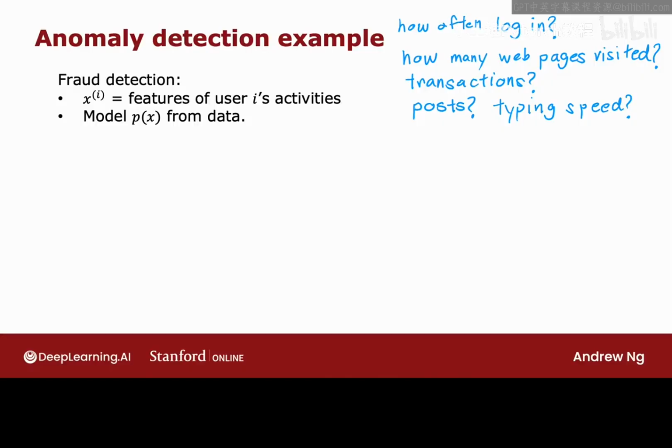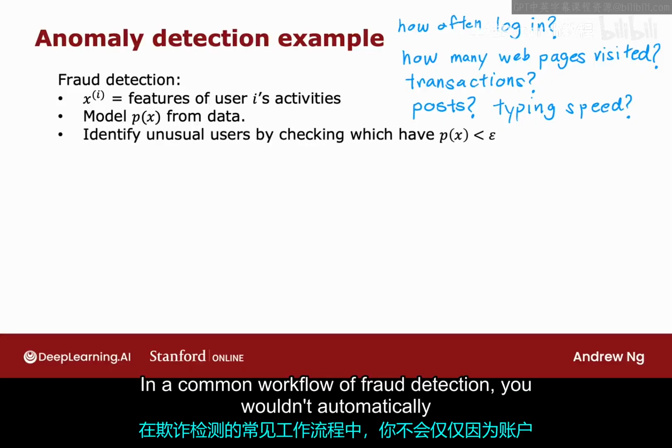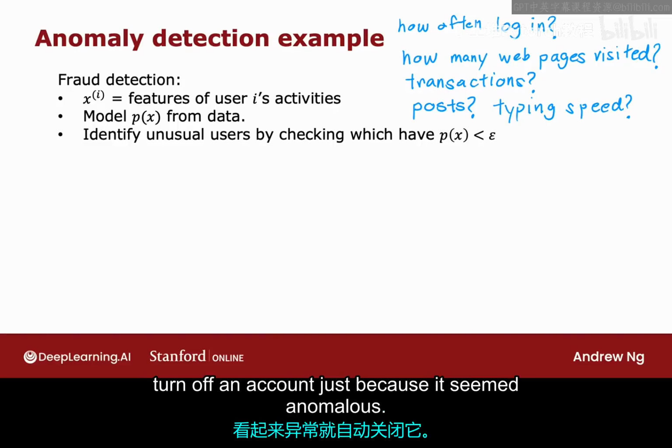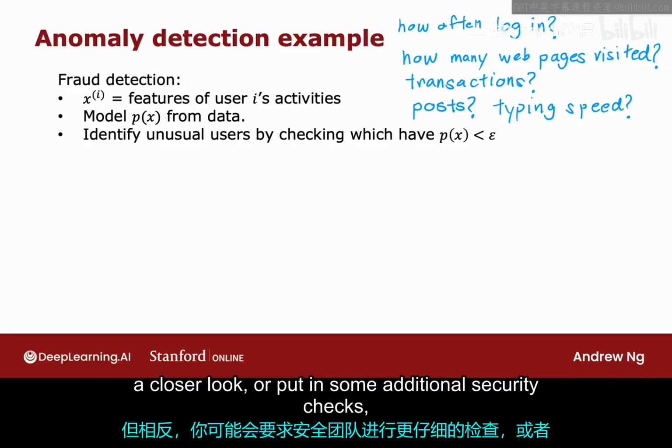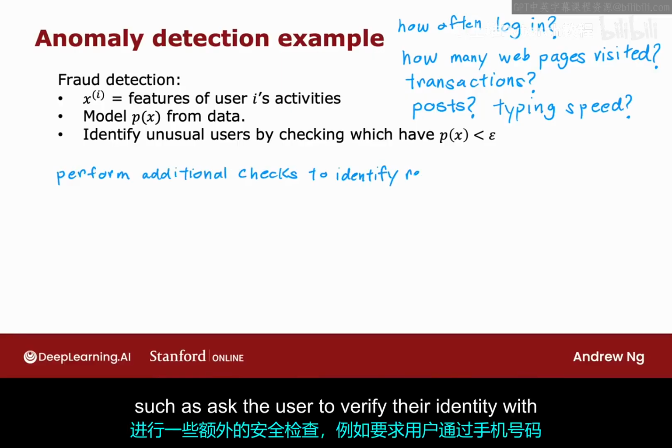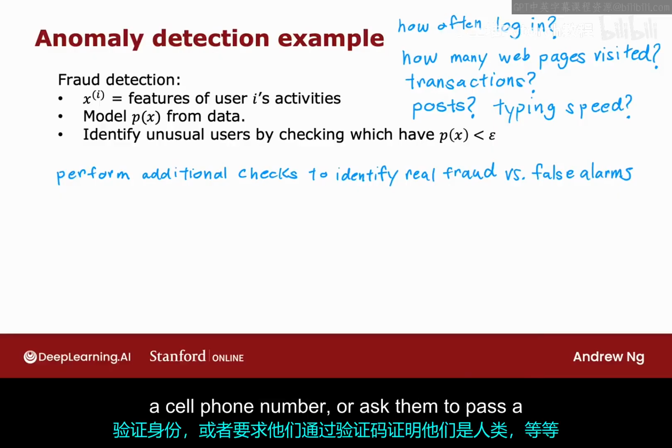In the common workflow of fraud detection, you wouldn't automatically turn off an account just because it seemed anomalous, but instead you may ask the security team to take a closer look or put in some additional security checks, such as ask the user to verify their identity with a cell phone number or ask them to pass a CAPTCHA to prove that they're human, and so on.